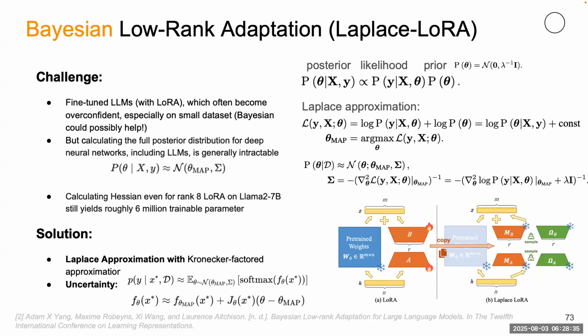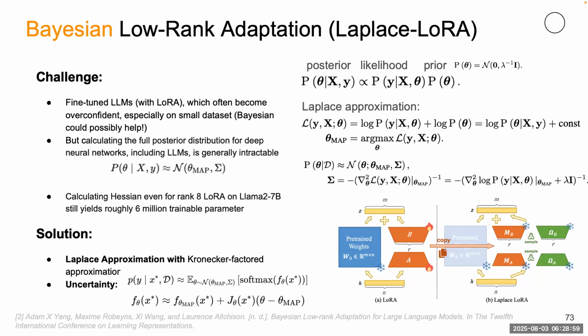Your goal is trying to calculate this sigma, and for this sigma you will have the Bayesian matrix to calculate, and the Bayesian matrix is hard to calculate as well. So in this paper, they're using a specific technique called Kronecker-factored approximation.